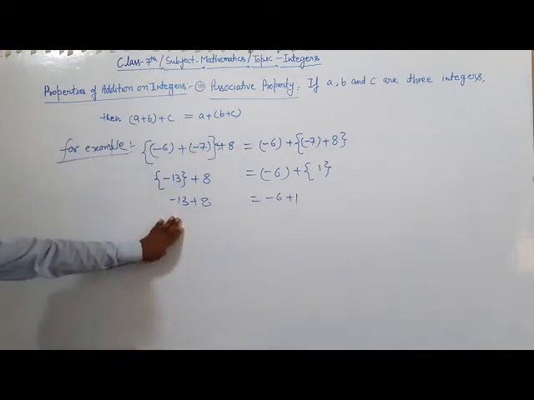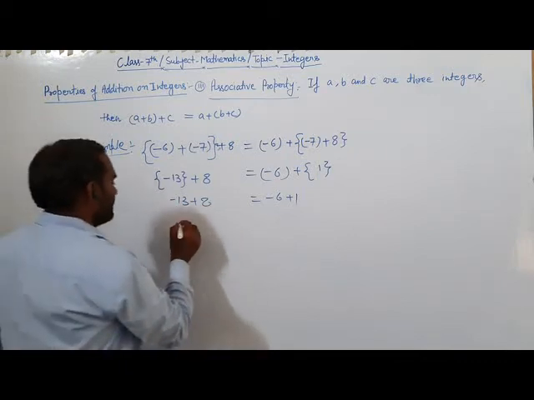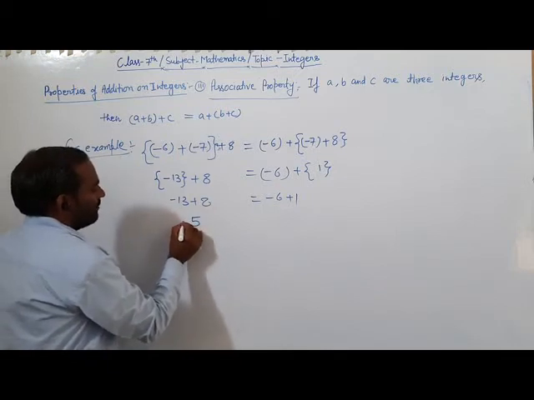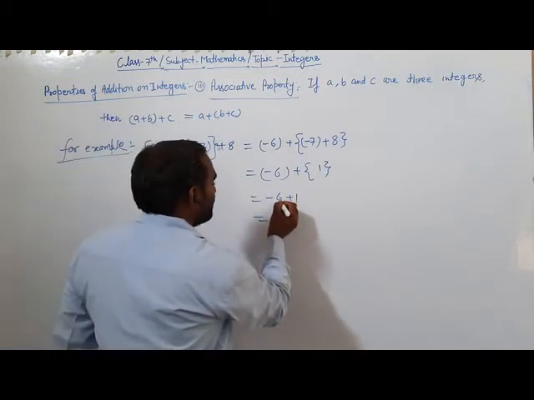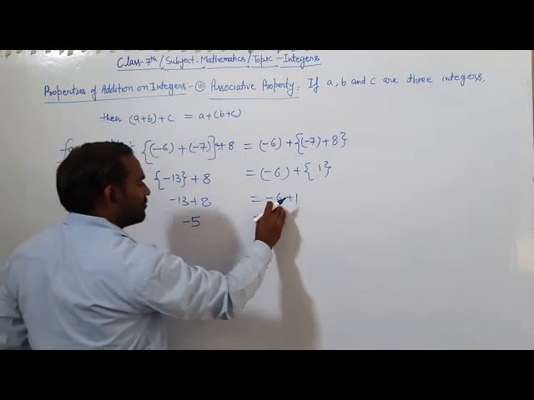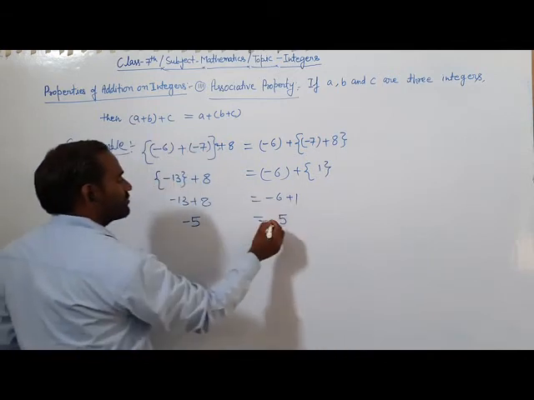Here the numerical value of 13 is more, so subtract 8 from 13, so we get 5, and the sign of the greater numerical value applies. For -6 plus 1, the numerical value of 6 is more, so subtract 1 from 6, 5, and the sign of 6 is more, so here -5.